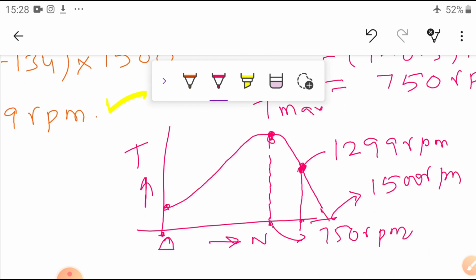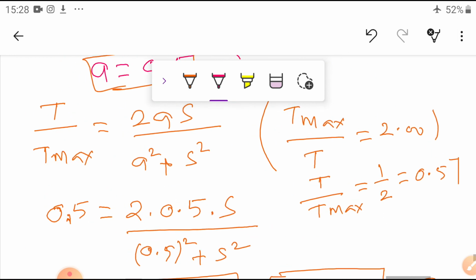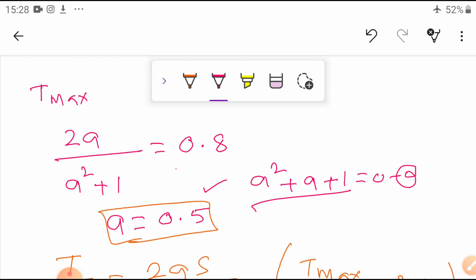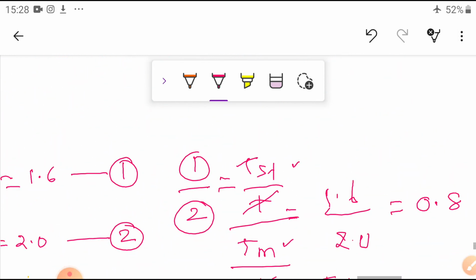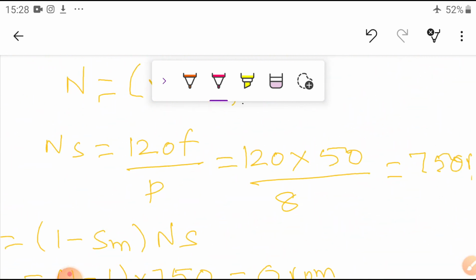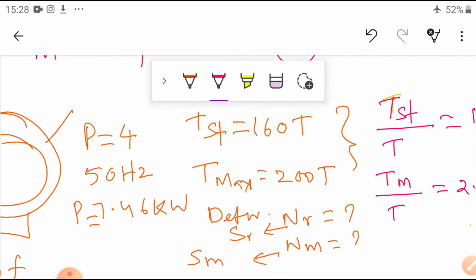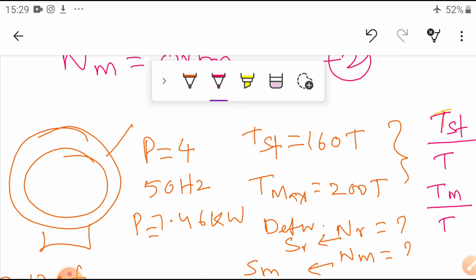So dear students, please practice the remaining problems. They are given with simple equations only. What is the problem given?